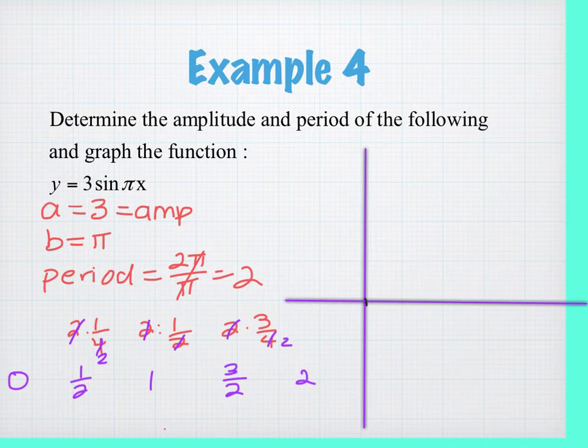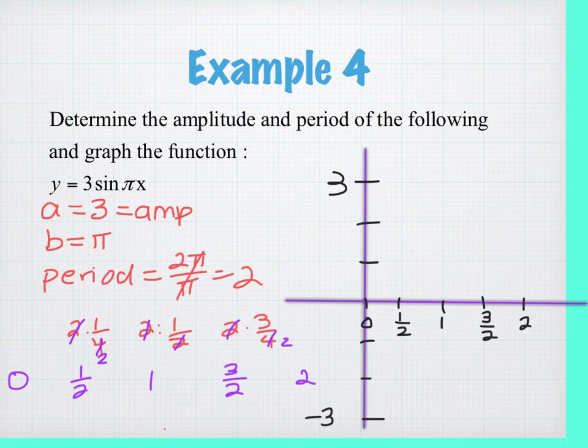Plot my key points, 0, 1/2, 1, 3/2, and 2. My amplitude, which is 3, 1, 2, 3, 1, 2, -3. Start at 0, go up to 3, down to 0, down to -3, up to 2.